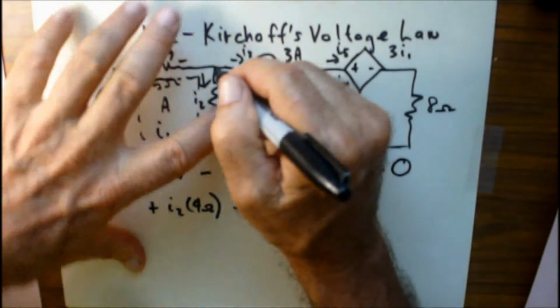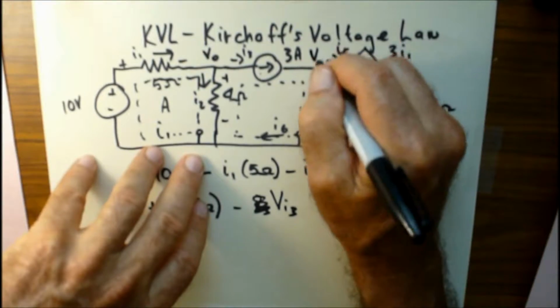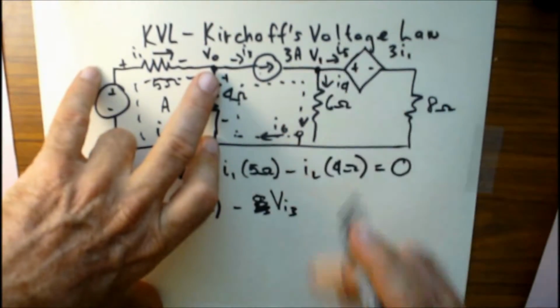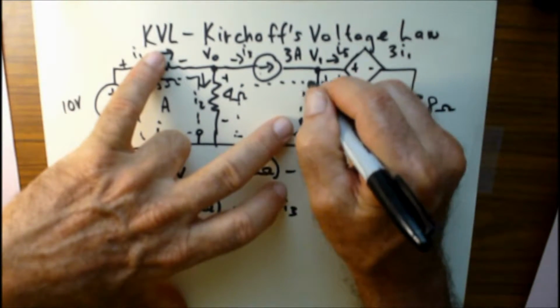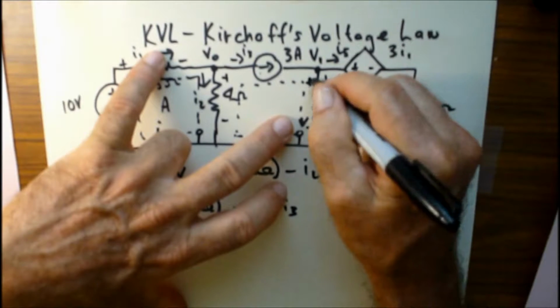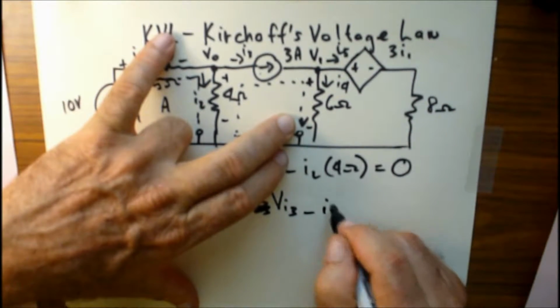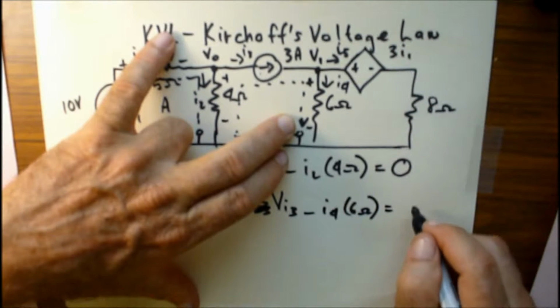We don't know what the voltage is, but if we know what V0 and V1 are, these two nodes here, we can figure out what that is. And then of course another current going from plus to minus, so that's going to be a drop, positive down to negative, so minus I4 times 6 ohms, and that all equals 0.